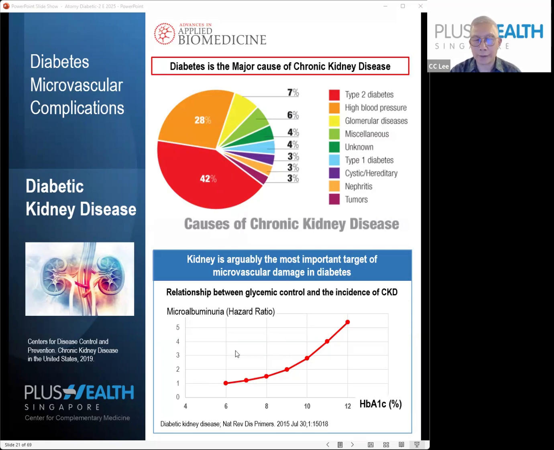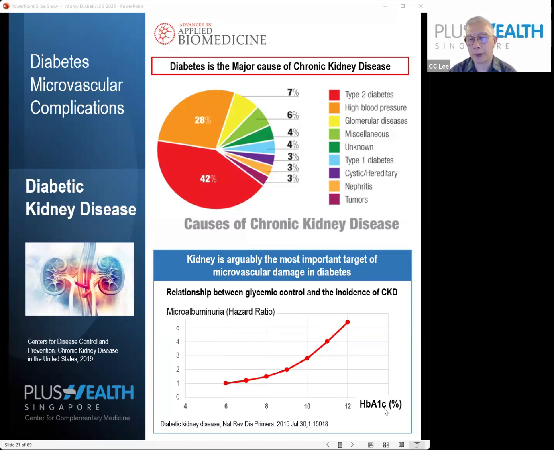Okay, now you look at the risk factor you can see from here, right? We measure the kidney function by microalbumin, what they call the hazard ratio. That means this is one of the markers for kidney function disorder, right?